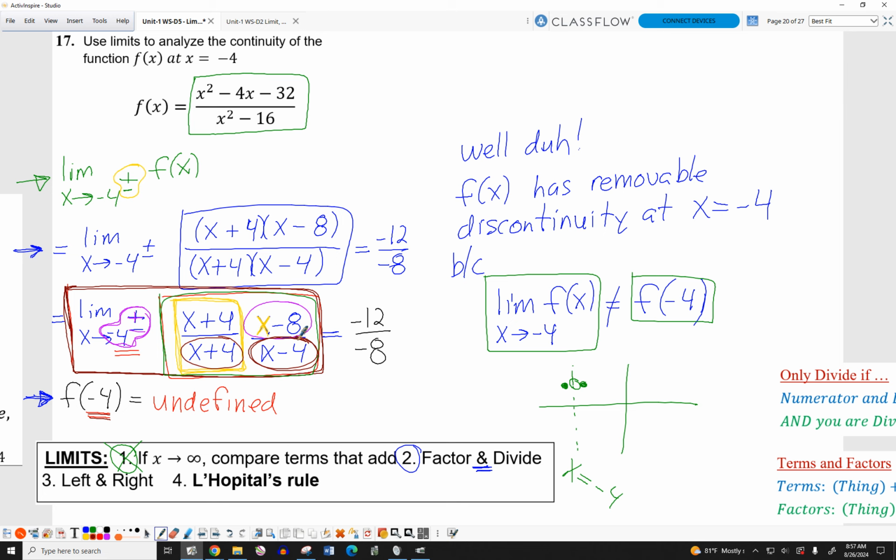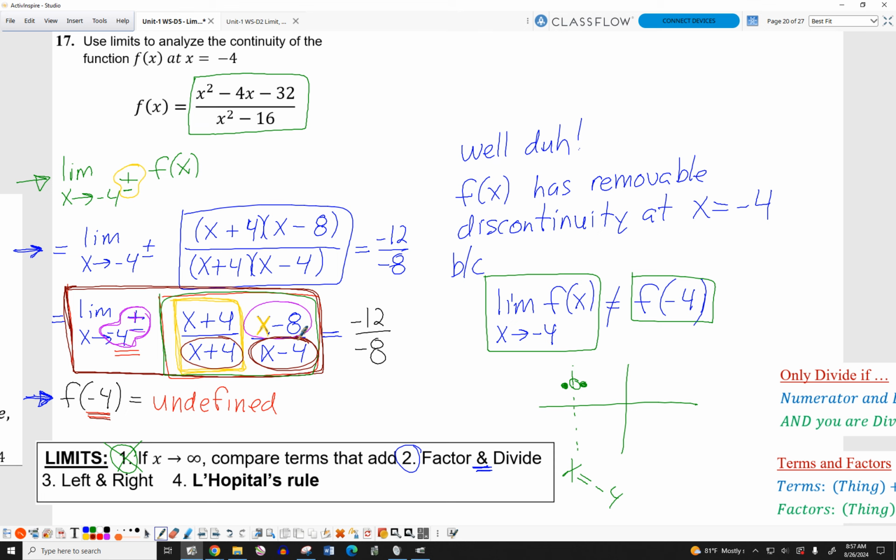Oh, please, Henry. So you could have done it just the same by analyzing each one differently. So you do x approaches 4 from the left, and then x approaches 4 from the right. So you could have done it like that, but you just combined them into one step. Yes. If you had done them separately, you'd get the exact same result.